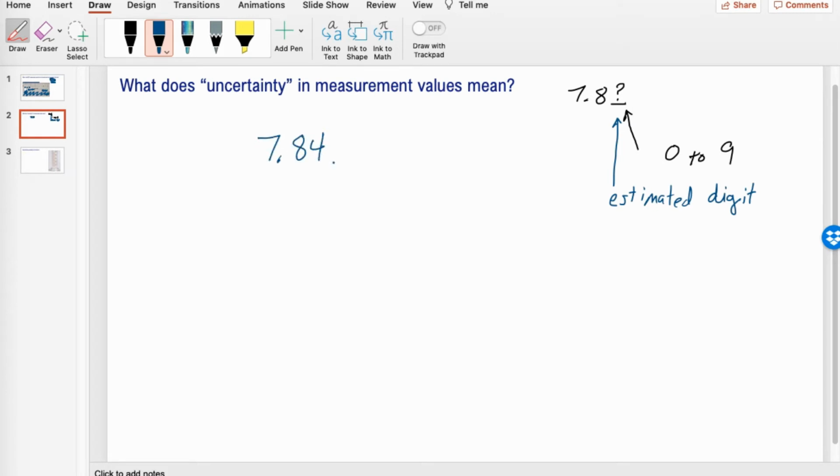It was 7.8 something, right? We didn't know what it was, but we just knew that it was 7.8 something. I'm just going to bring this down here.